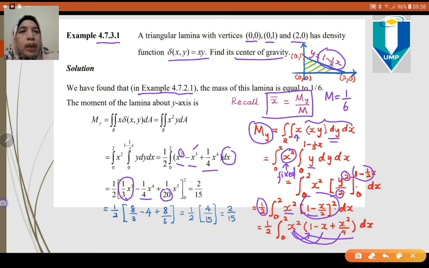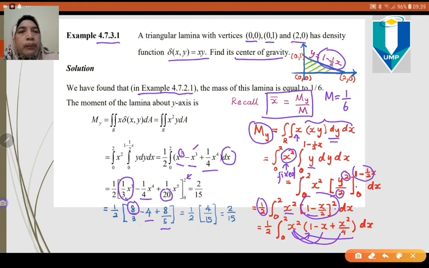So you now need to substitute the values of 2 for the upper limit. 2 to the power of 3 will give you 8, divided by 3. 2 to the power of 4 divided by 4 will give you 4 here. Substitute 2 for x to the power of 5 here, you get 32 divided by 20, and that will give you that value.